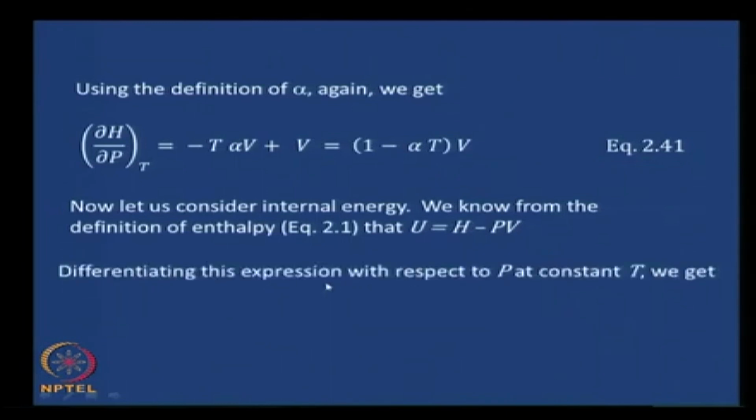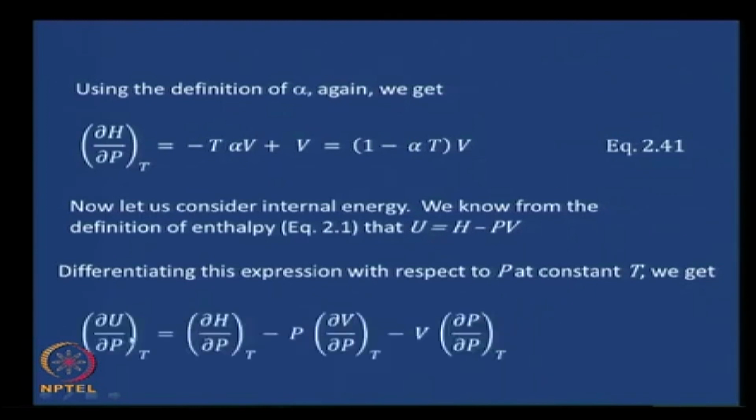Now if you differentiate this expression with respect to P at constant T, note that we are looking for ∂U/∂P at constant T, and that is what we get by doing this. ∂U/∂P at constant T equals ∂H/∂P at constant T minus, by the chain rule, P ∂V/∂P at constant T minus V ∂P/∂P at constant T: first function into derivative of the second function plus the second function into derivative of the first function. Of course there is a minus here. All this is done at constant T.